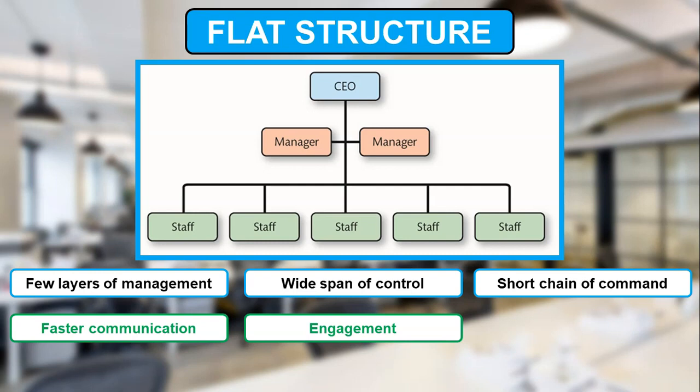Employees are more involved with the day-to-day decisions, as there are less, if any, management in between themselves and the owners. Rather than taking orders from their managers, employees have more autonomy, which in turn can improve engagement. Another positive is that it can save the organisation money. Unlike the hierarchical structure, the flat structure has far fewer managers and therefore less management salaries to pay, which saves the business money.